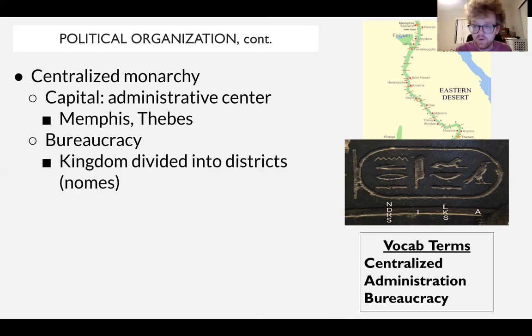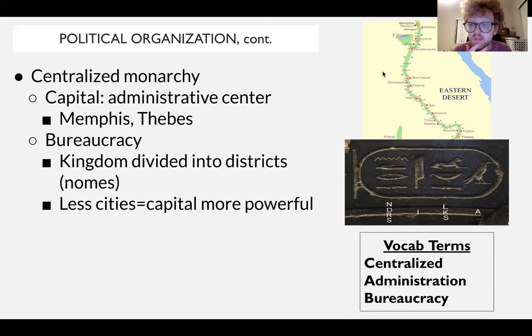And the wide area of people is divided up into smaller chunks, into districts known as nomes. And you can see in this map right here what those districts look like. They were based on the sections of the Nile. So you could say they created a political system based on their natural environment.